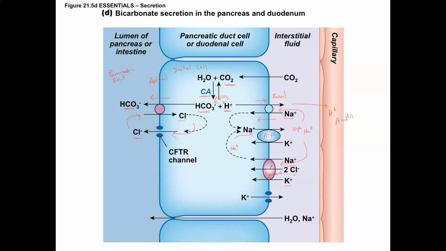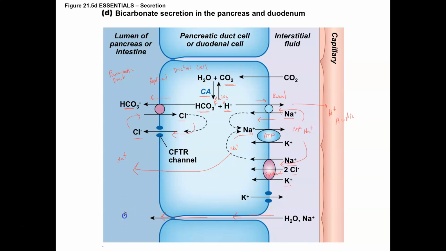So we have the sodium potassium pump always working, and we can essentially move some of that sodium across the cytosol. So some of that sodium that's coming in can actually move across the cytosol and move out into the lumen as well. We can get sodium out here in the lumen. We also get sodium that's moving paracellularly, so between the cells.